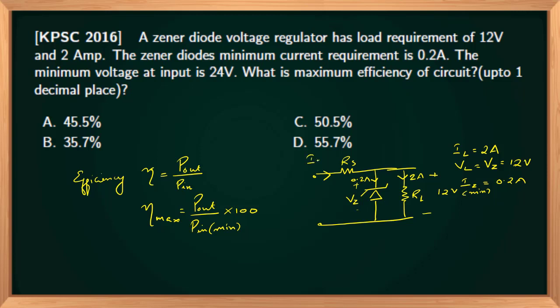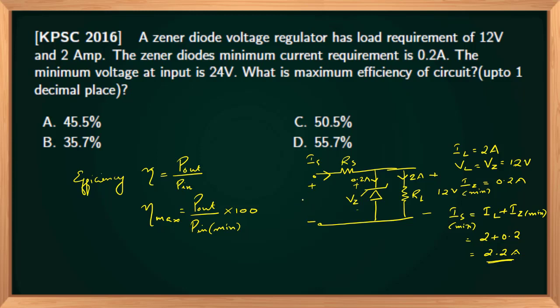So IS equal to IL plus IZ minimum. So IS minimum is IL plus IZ minimum. What is the value of IL? IS minimum equals 2 ampere plus 0.2 equals 2.2 ampere. So this is the minimum current flowing through RS.